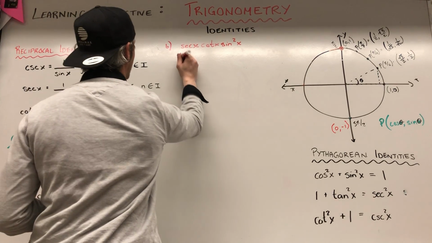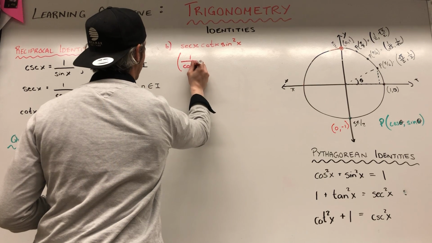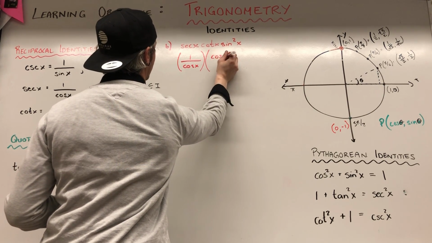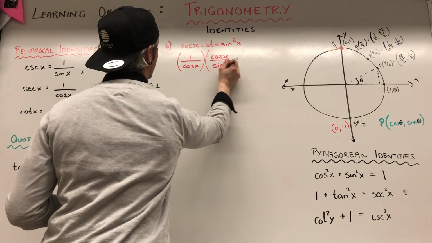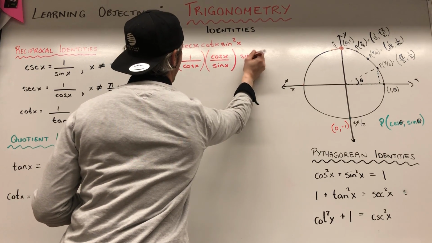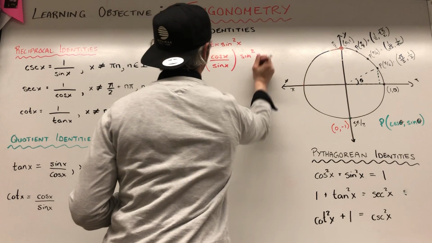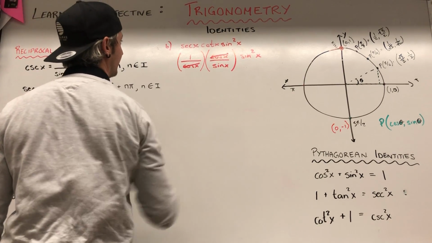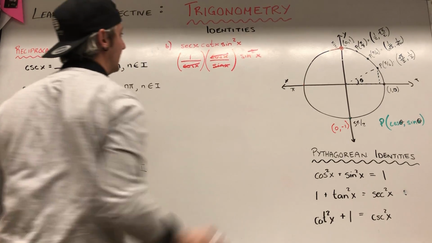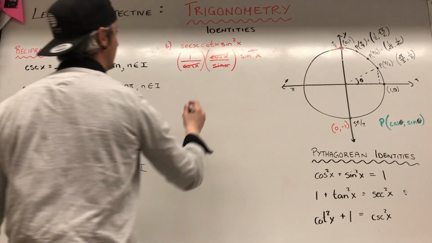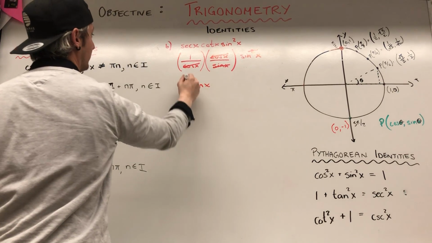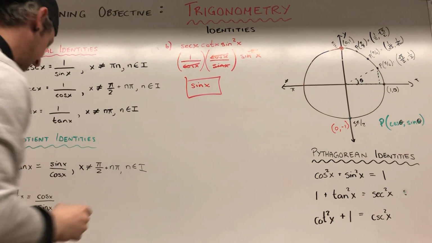Secant I can rewrite as 1 over cos x, times cotangent, which is cos x over sine x, and then sine squared x can stay the same. Now I'm just going to cancel terms. Cos cancels with cos, and sine cancels with 1 sine x. So I'm left with sine x. So this simplifies down to sine x.